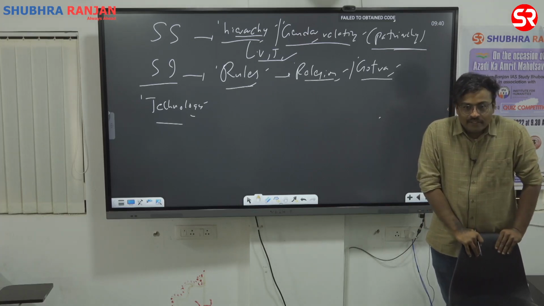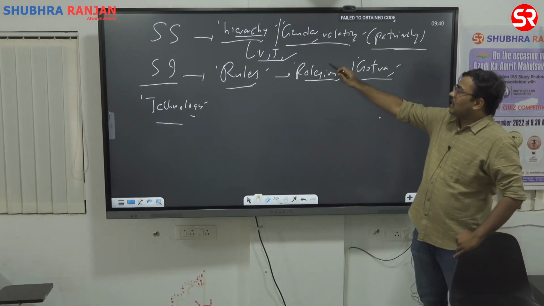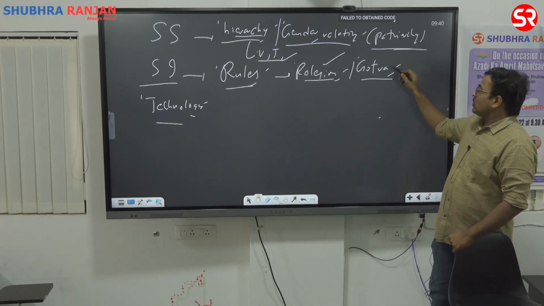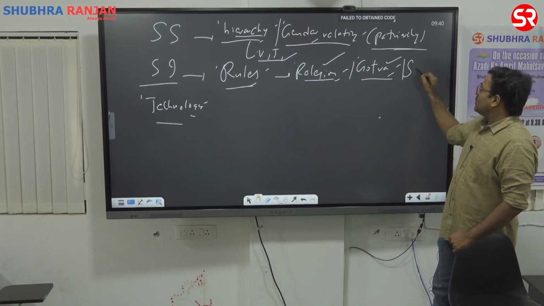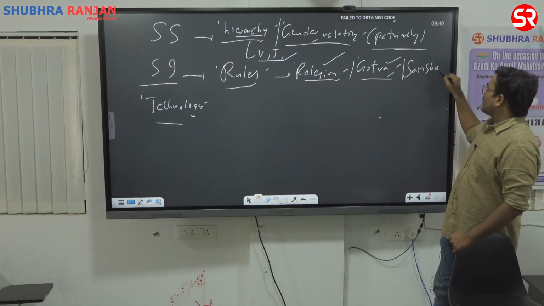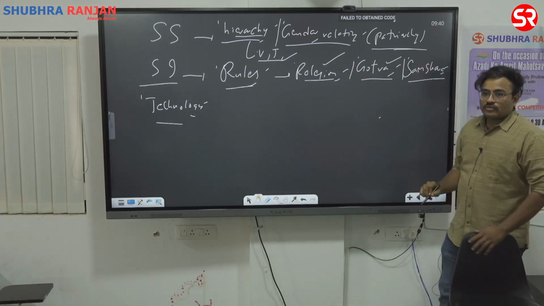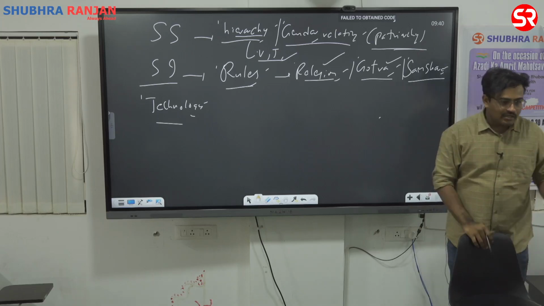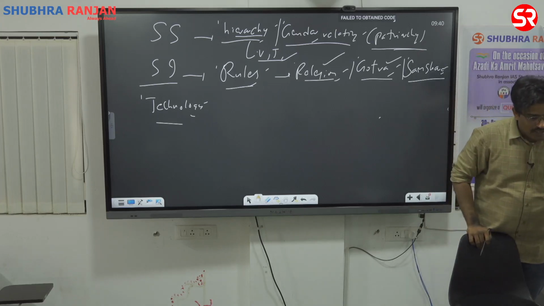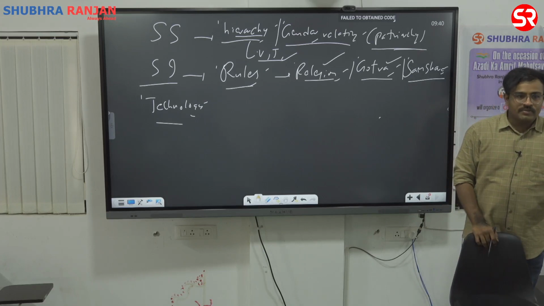So in social institutions we typically study religion, and institutions like Gotra and Samskara. What is the meaning of Samskara? Ritual. Yes, Samskara means ritual. What is the meaning of Gotra?